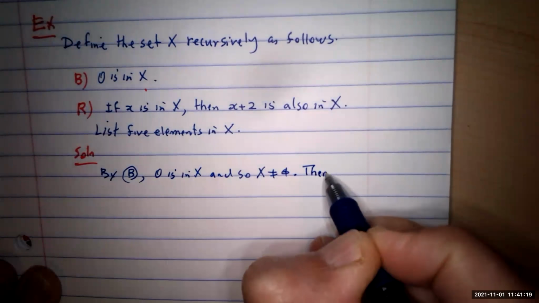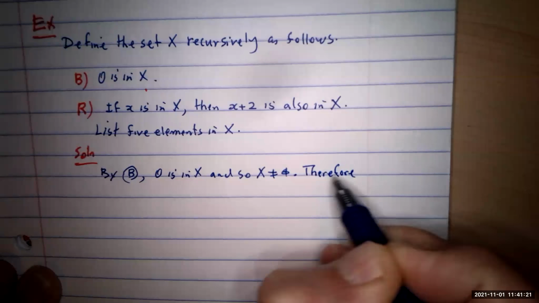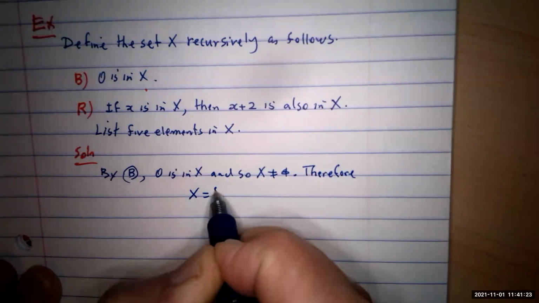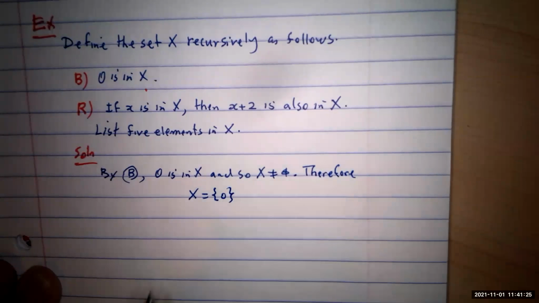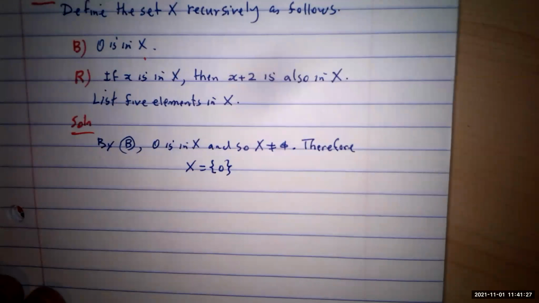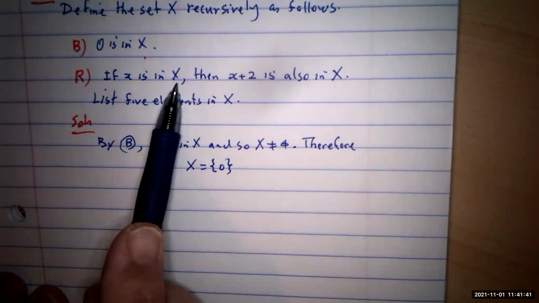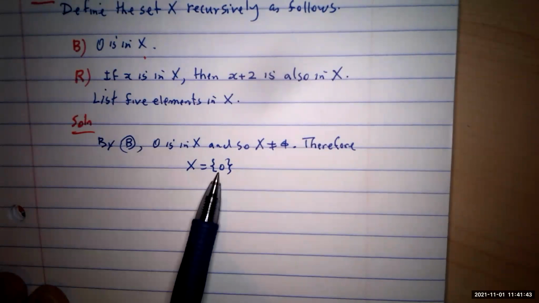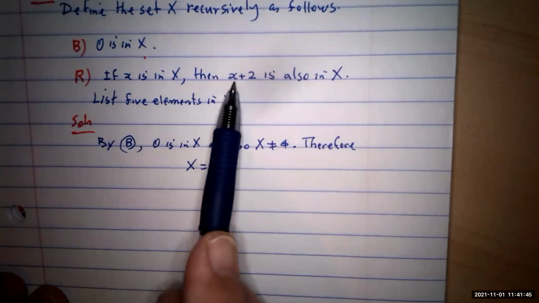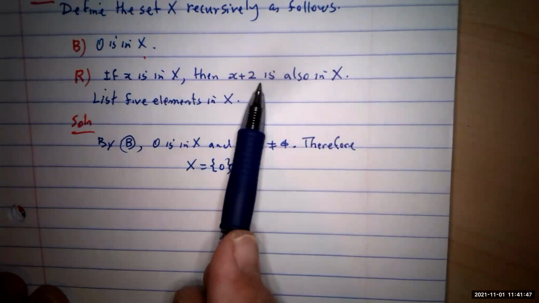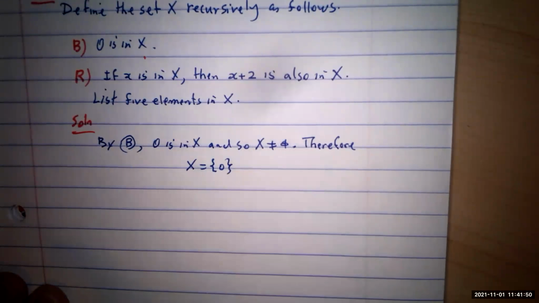Therefore, so far X is this set, the foundation. So this is your seed. Start to grow. What are we going to do? If x is in X, take x to be 0. 0 is in X, so x plus 2, 0 plus 2, which is 2, would be in X.